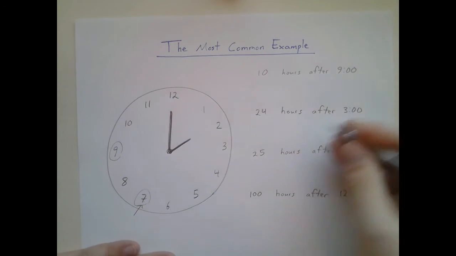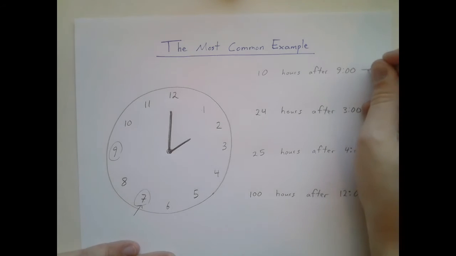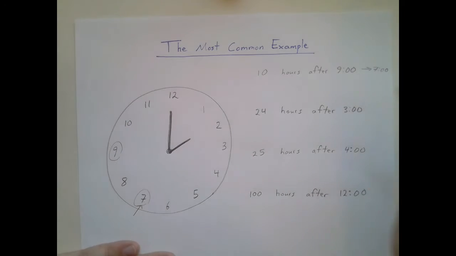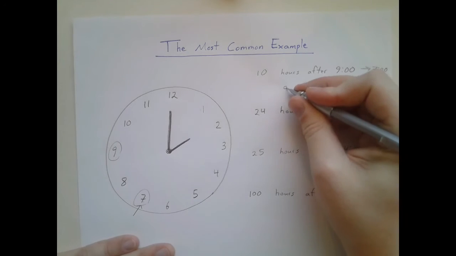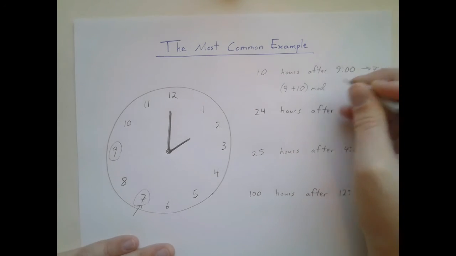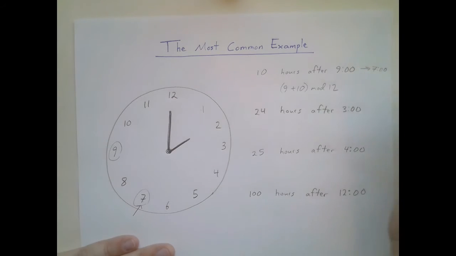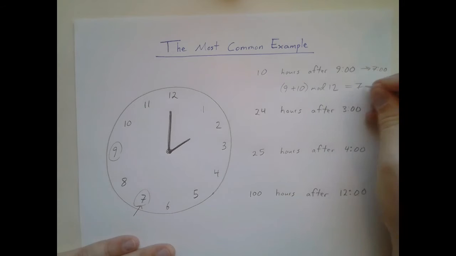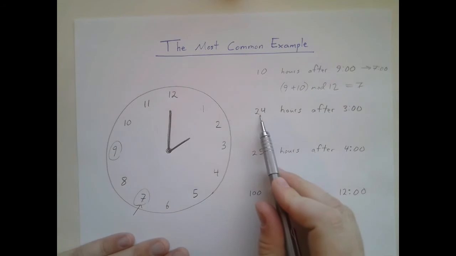And it's going to be 7 o'clock. And the modular arithmetic that would correspond to that would be 9 plus 10 mod 12 equals 7.